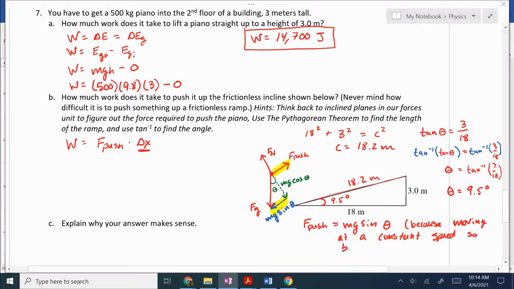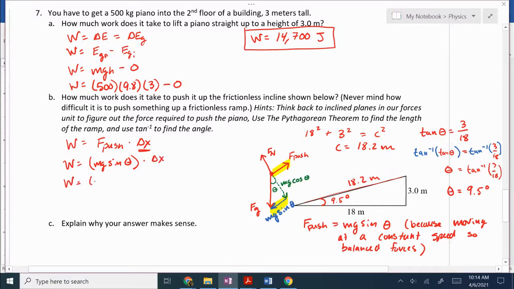So balance forces. Going back to here, we have work is equal to mg sine theta times the delta x, which we know.